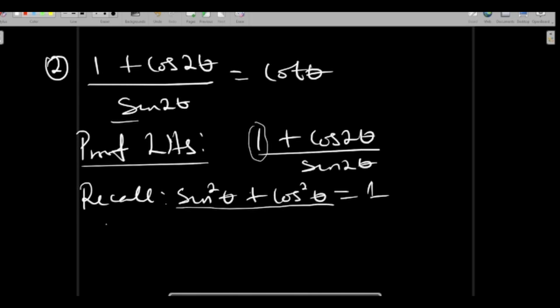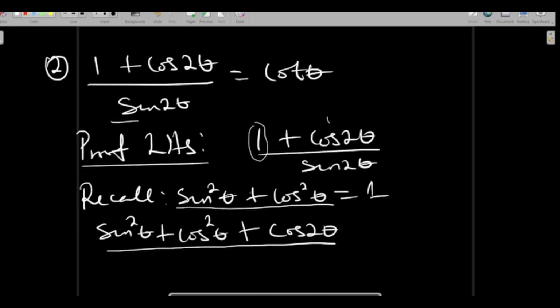Okay, now let's do that. So we have sine squared theta plus cos squared theta plus the next one here, cos 2 theta all over sine 2 theta.